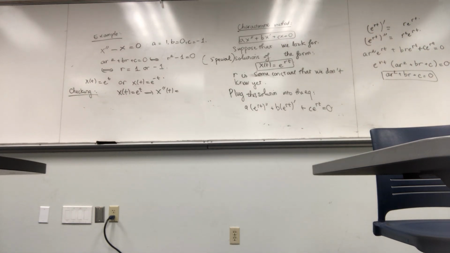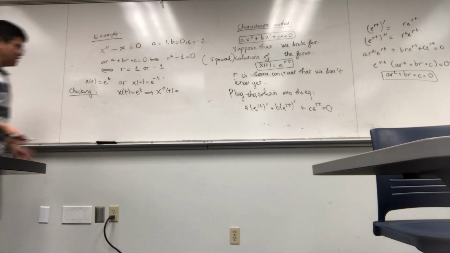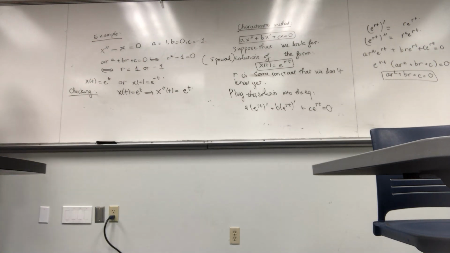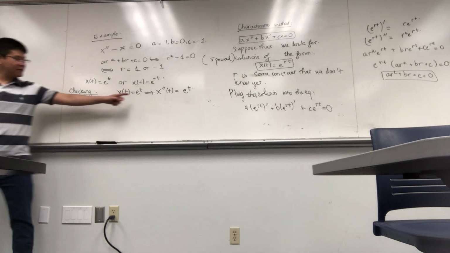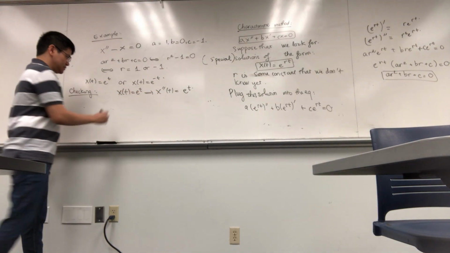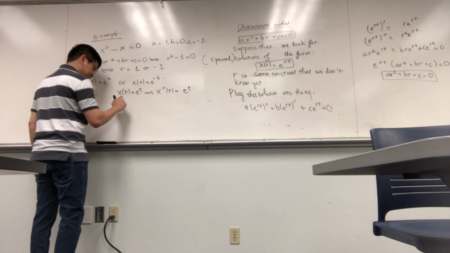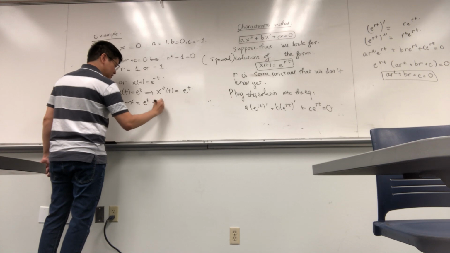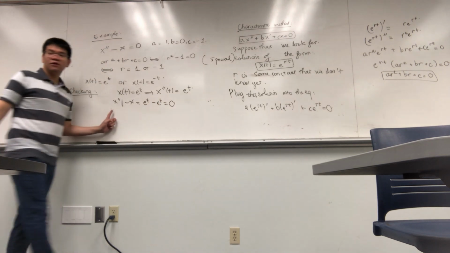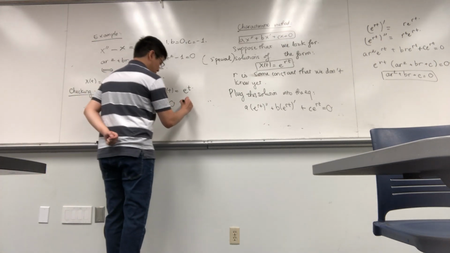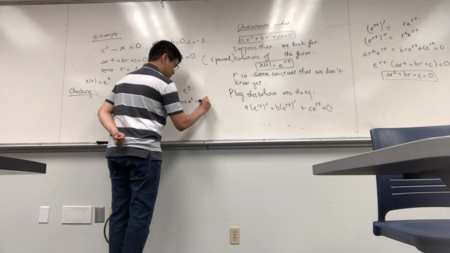Yes? It's still e to the t. So x''(t) is still e to the t, right? So x'' minus x will be e to the t minus e to the t, and this is 0. So basically, e to the t is a solution of the equation.